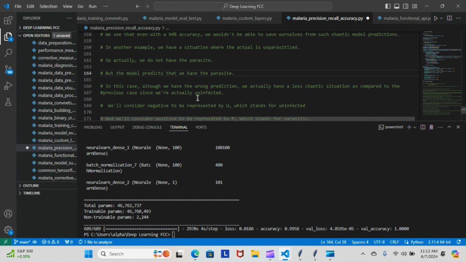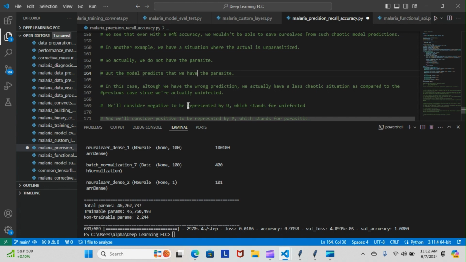In this case, although we have the wrong prediction, we actually have a less chaotic situation as compared to the previous case since we're actually uninfected. In the first situation we were told we don't have it when we actually had it, but in the second situation we didn't have it, but we were told we did. So it'll be less chaotic for the second situation. The only thing we lose is a little sleep at night, thinking that we're infected with malaria when we don't actually have it.